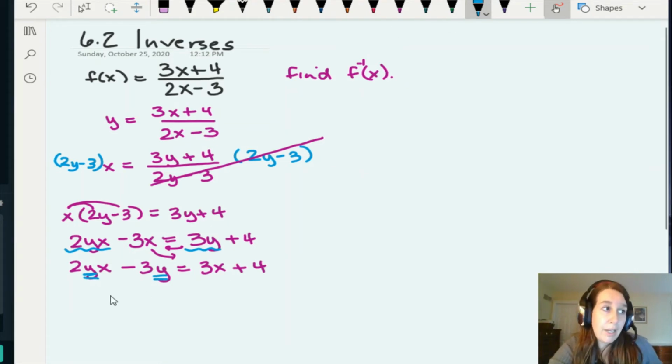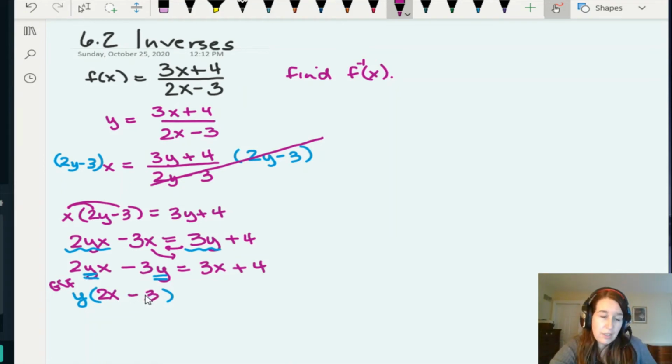Okay, so my next step then is to pull that y out the front. So that is a GCF of y, okay? So left in this side then is 2x minus 3. That's probably the key to the problem, so really make note of doing that step.